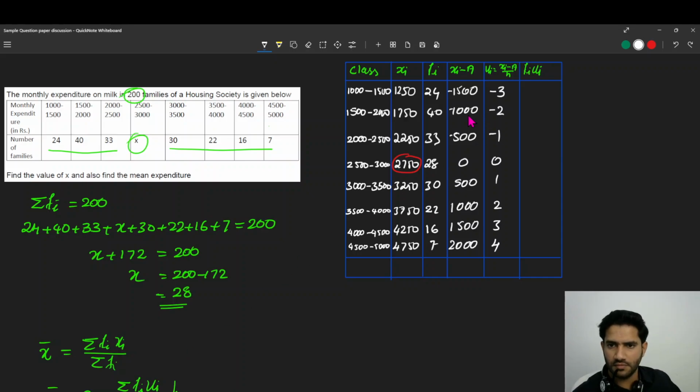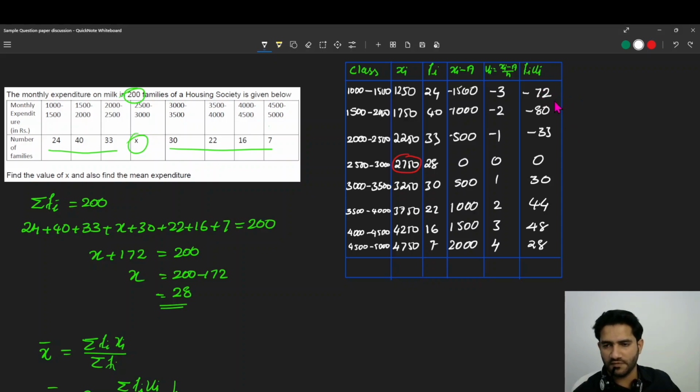So first one, 24 into minus 3, that is minus 72. 40 into minus 2, it's very simple, minus 80. 33 into minus 1, minus 33. 0 into 28, it is 0. 30 into 1, that is 30. 22 into 2, 44. 16 into 3, 48. 7 into 4, 28.